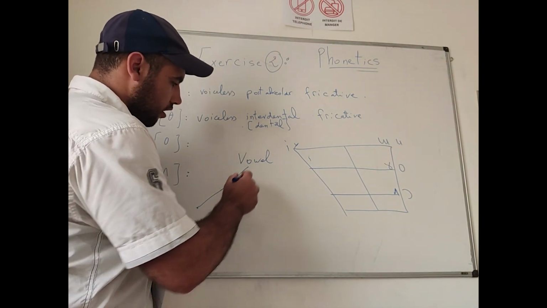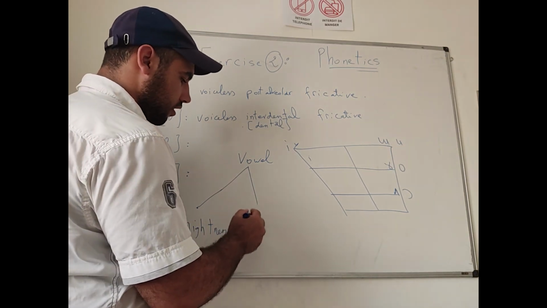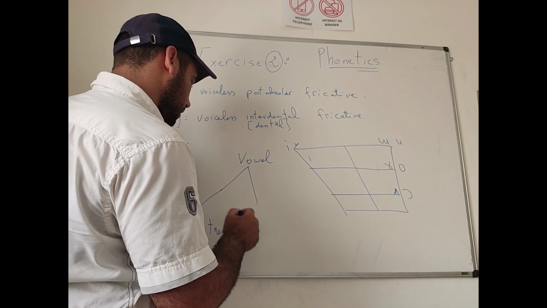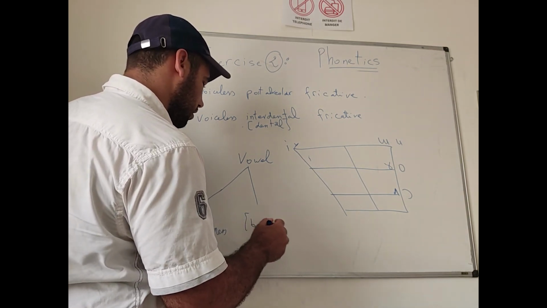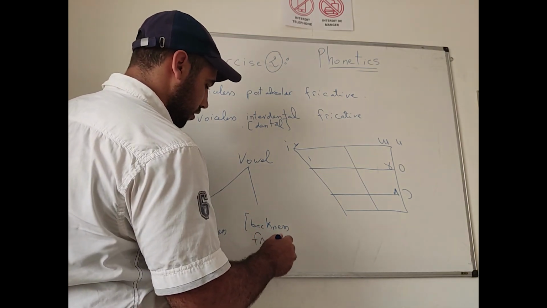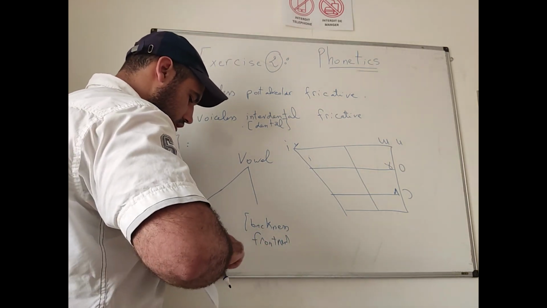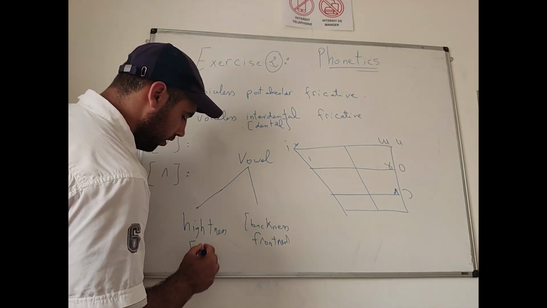The second thing is in terms of frontness, which we can also call backness. In terms of heightness, we have the term low.